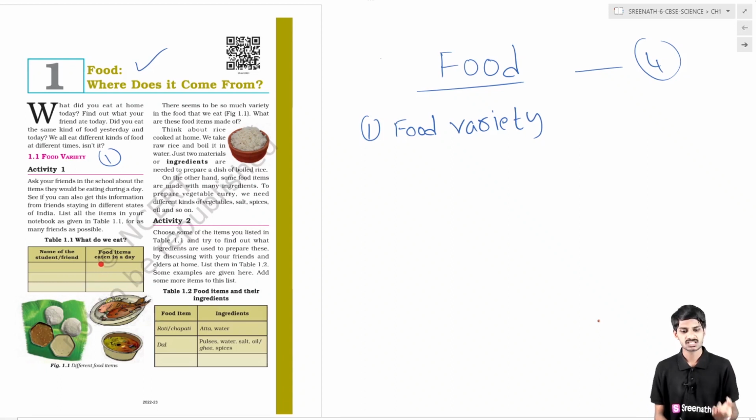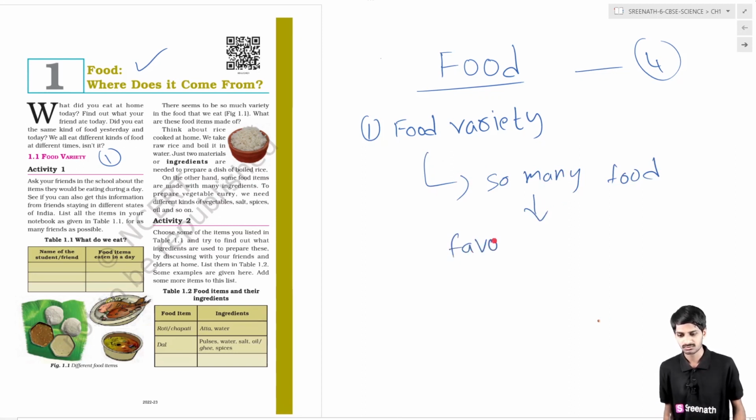Okay, next, what we have discussed now: there are so many varieties of food. In food varieties there are so many foods, and we have some favorite foods also. But the question is, where do they come from?